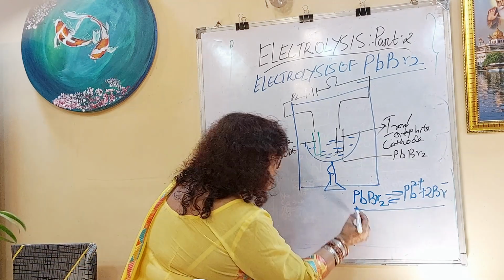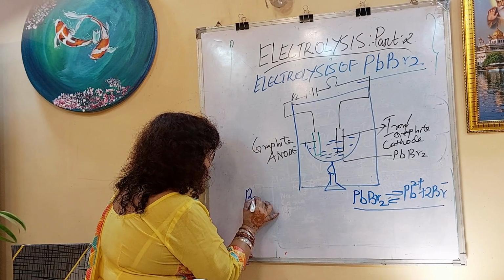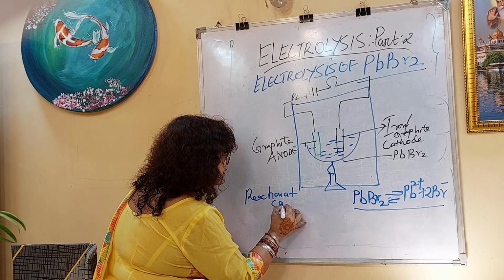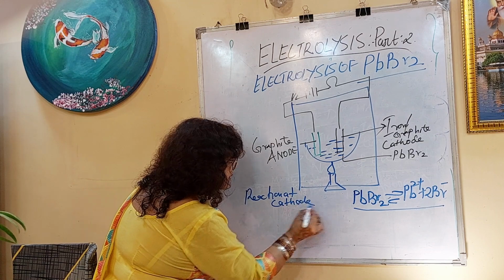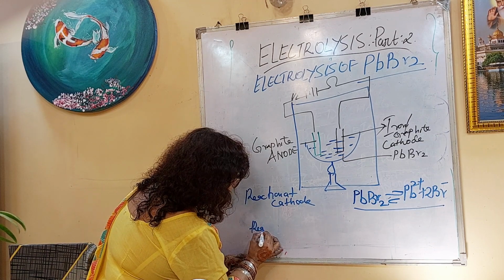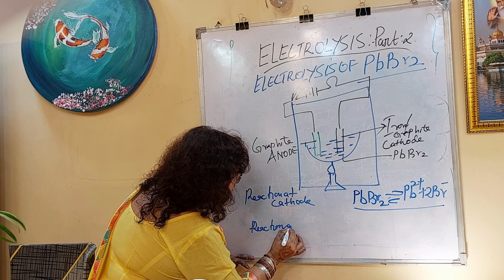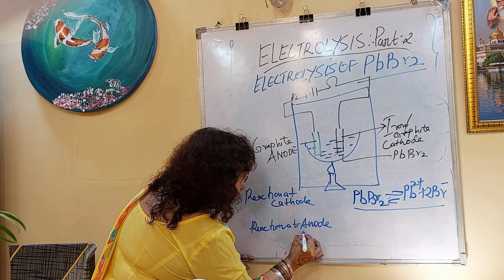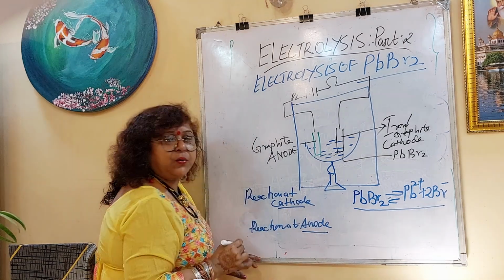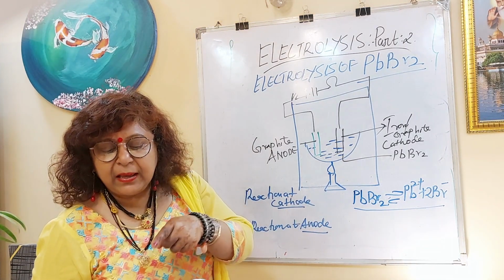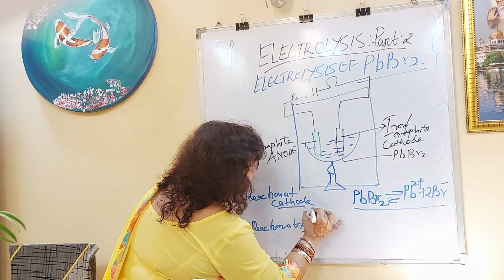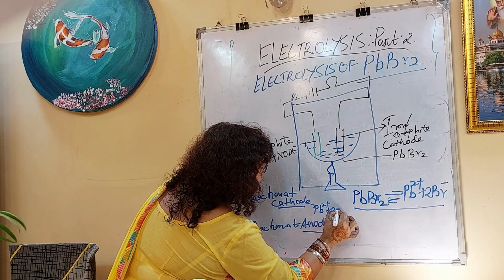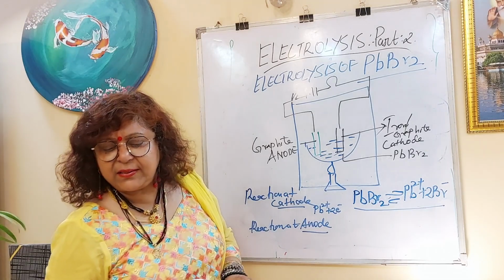So now after this, you should write reactions at cathode, reactions at anode. So reactions at cathode will be Pb2+ plus 2 electrons.